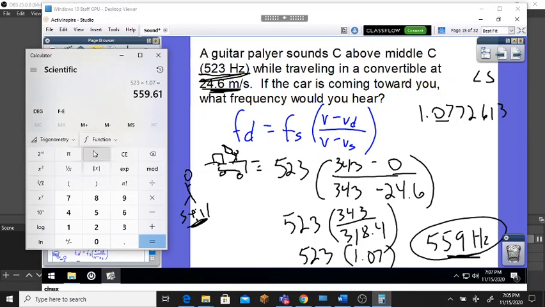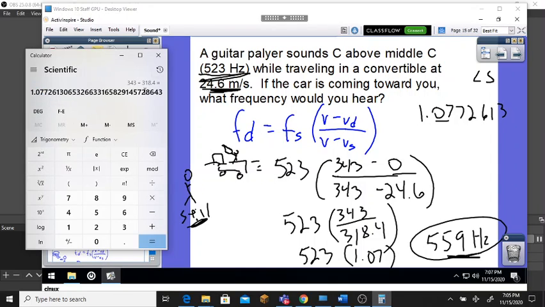Now, if we're not on the same page here, and if we use 343 divided by 318.4, see how it gave me, like, here we're just using the first two numbers. Now if we use all the decimals, it's going to give you a more accurate reading, but just so that we're all together, we're only using the first two numbers, okay?